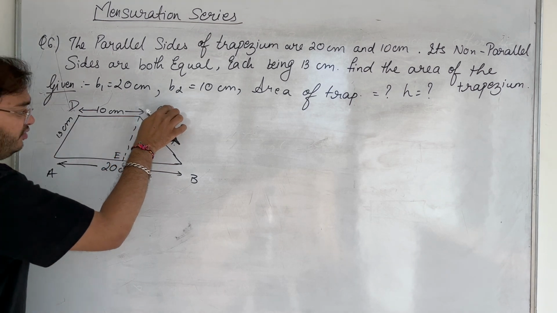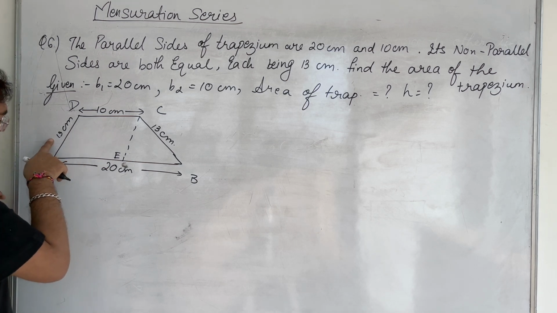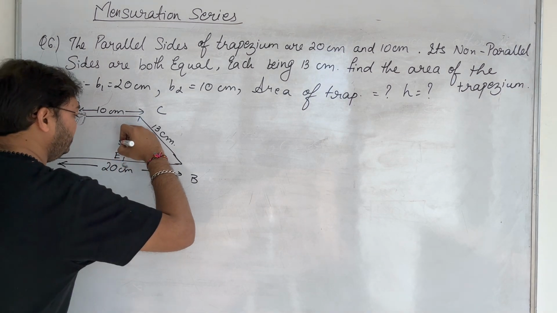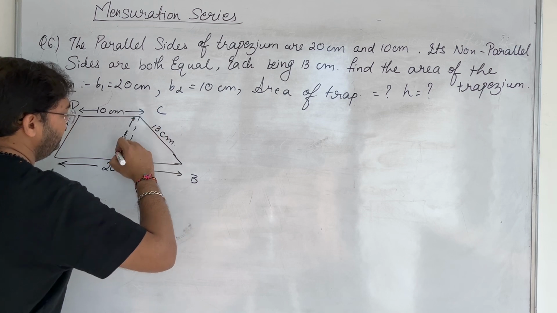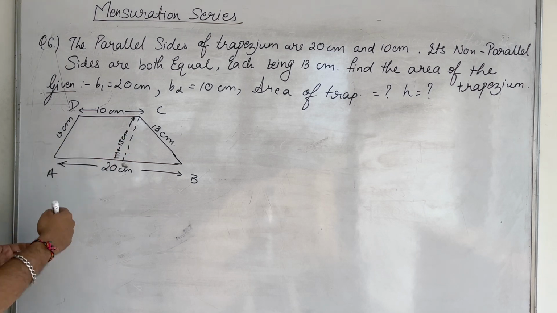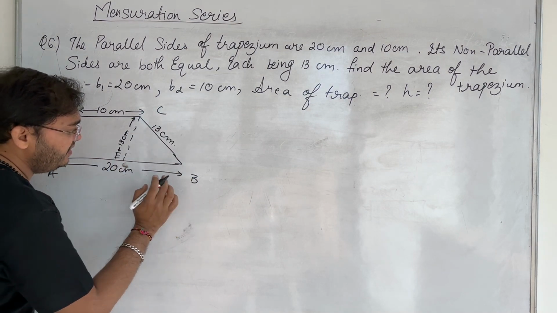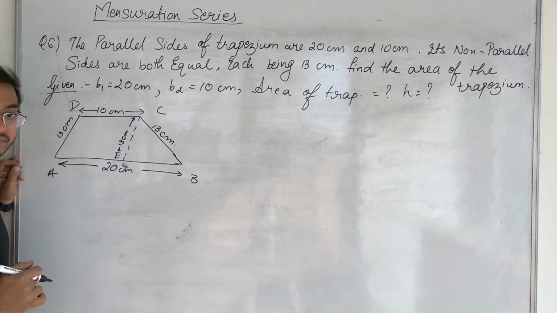CE is parallel to AD. Now if this is 13, then this is also going to be 13. That's true, right? Parallel sides are the same, because the distance between them is the same. So CE is 13. Now you can see that one triangle is formed, that is CEB, or you can say BCE.